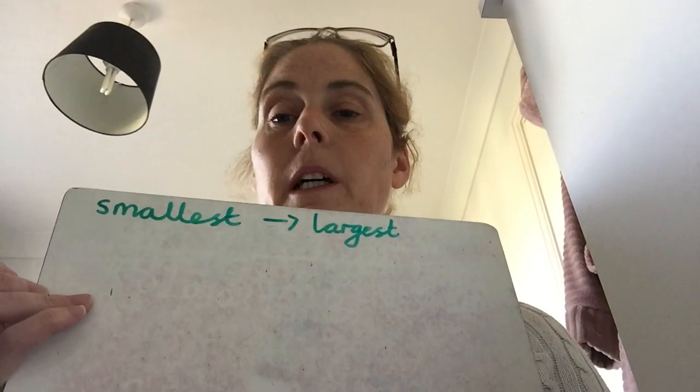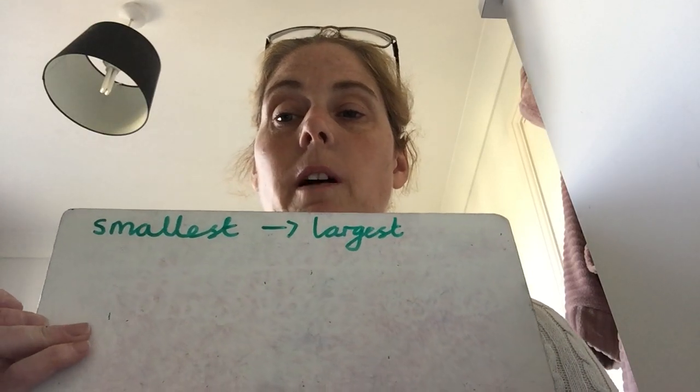Okay, well done. So what we're going to do today is look at some numbers and how we can put them in the right order. We're going to start thinking about going from the smallest to the largest. So that is ascending order, the smallest number to the largest number.